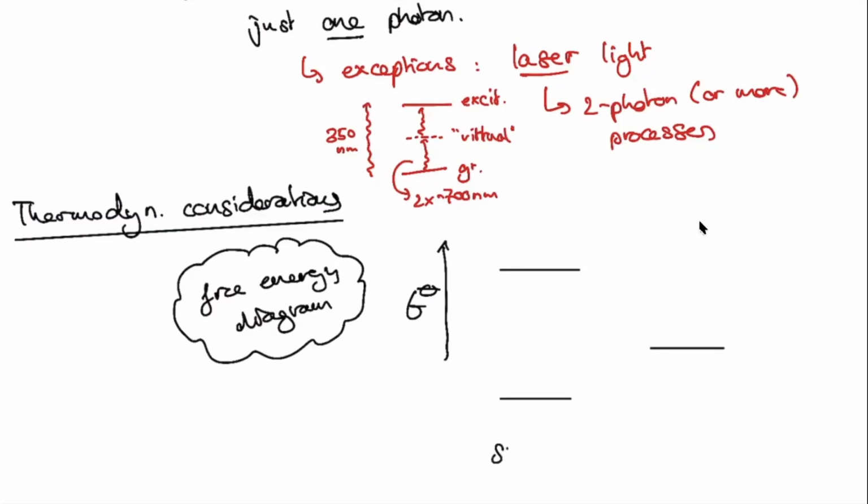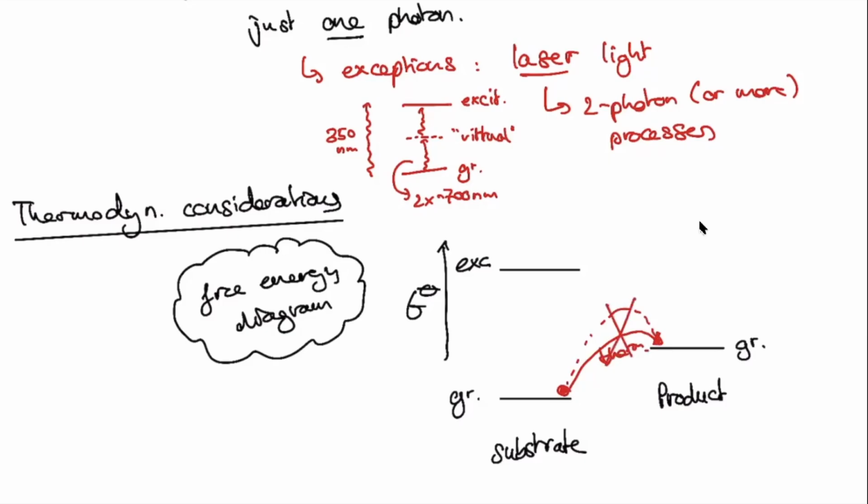So imagine we have a substrate and we have a product. And so this is the ground state of the substrate, the ground state of the product, and this would be the first excited state of the substrate. So you can imagine if I do a thermal reaction and I want to go from the substrate ground state and I want to go here, this of course is thermodynamically unfavorable because I have to go up in Gibbs free energy. On top there's probably a kinetic barrier, right, with a certain activation. So thermally, this process will not happen.